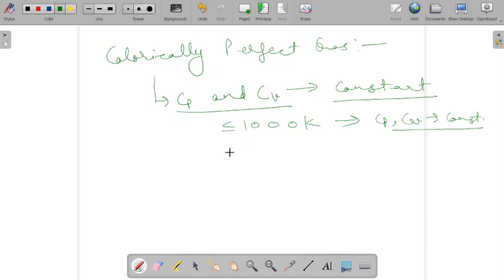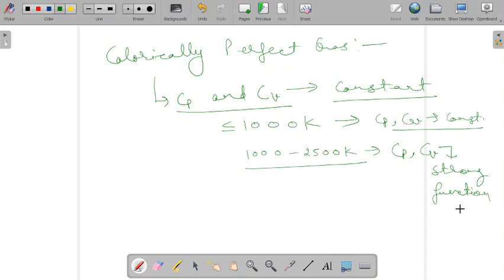Okay, however, if you go from 1000 Kelvin to somewhere around 2500 Kelvin, then the dependence on temperature comes in Cp and Cv. So these become strong functions of temperature. In this particular zone, the molecular vibrations become so important that this changes the values of Cp and Cv.